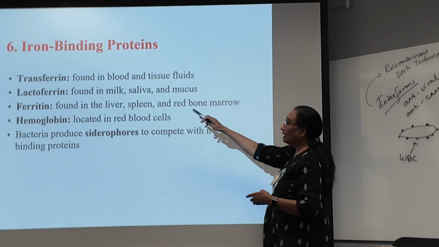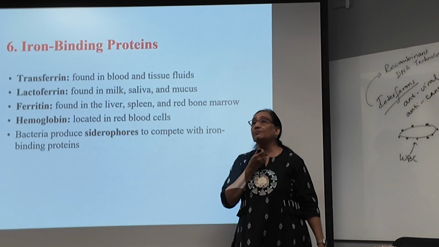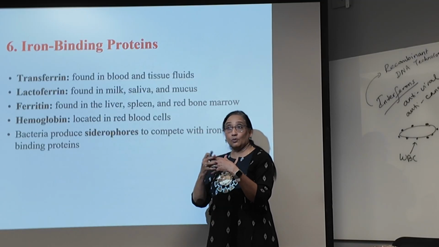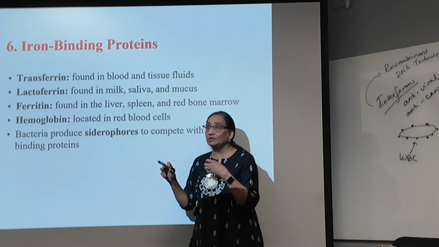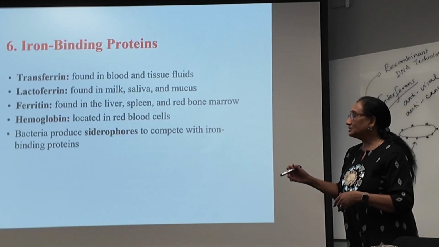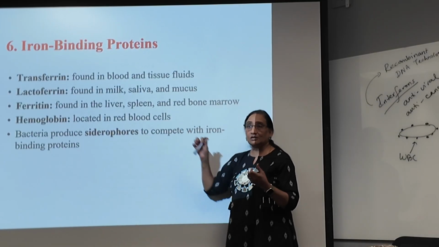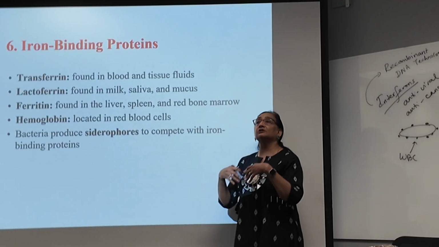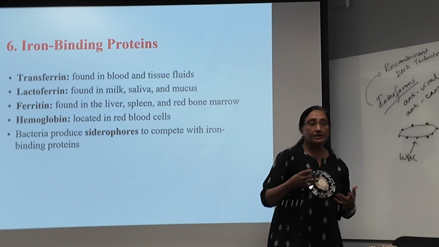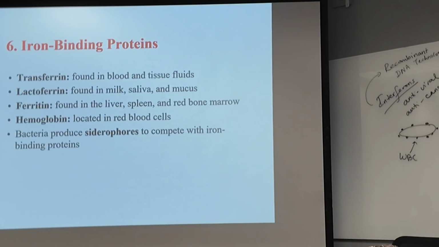So these are all iron binding proteins that we make. And this helps. Once the iron is bound to these proteins, the bacteria do not have access to iron. So it is like a competition. Bacteria produce siderophores to trap iron, and we have a lot of iron binding proteins.